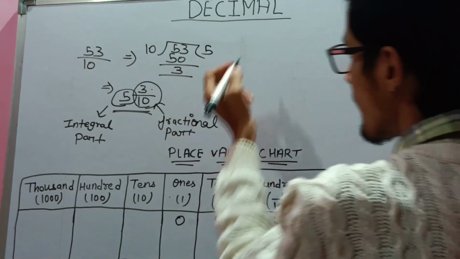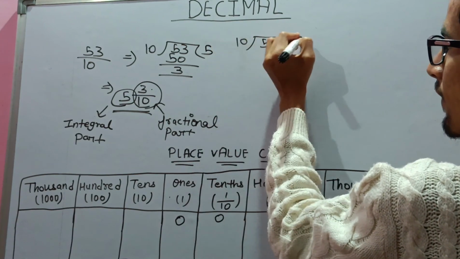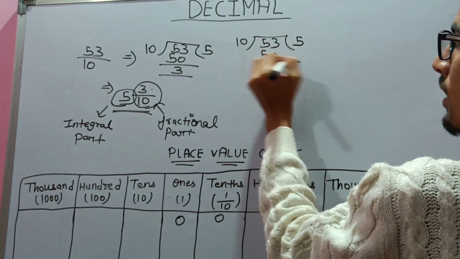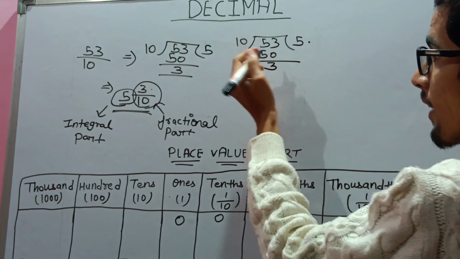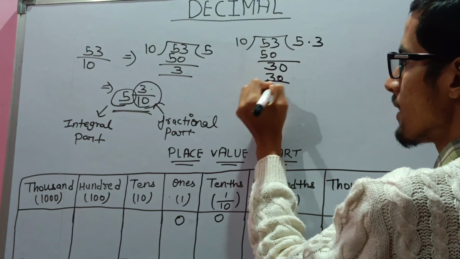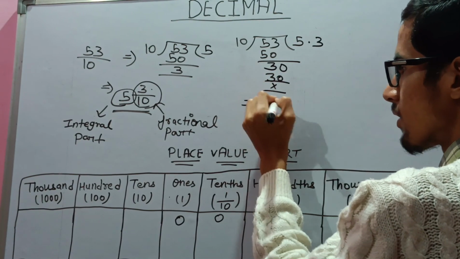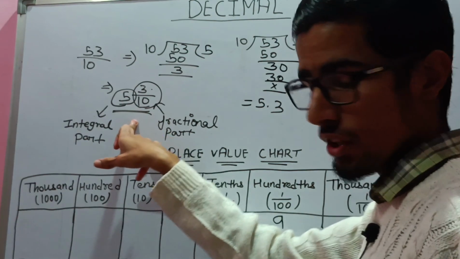So the first way is 53 divided by 10. 10 fives are 50, the 3 comes as the remainder. When we put a decimal, we write 0. 10 threes are 30. So the answer came is 5.3.